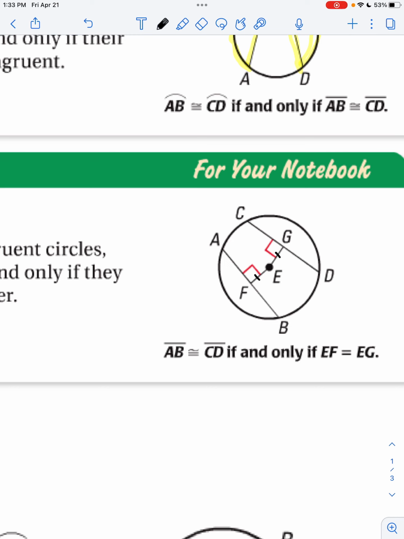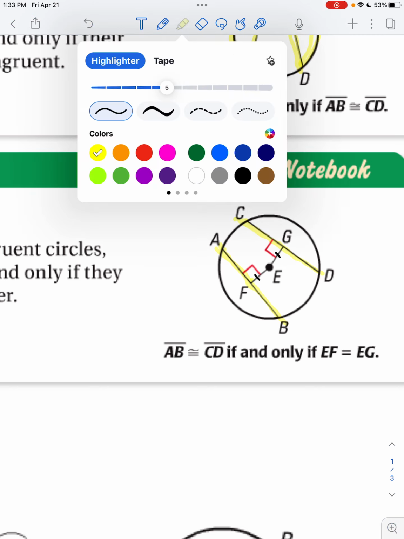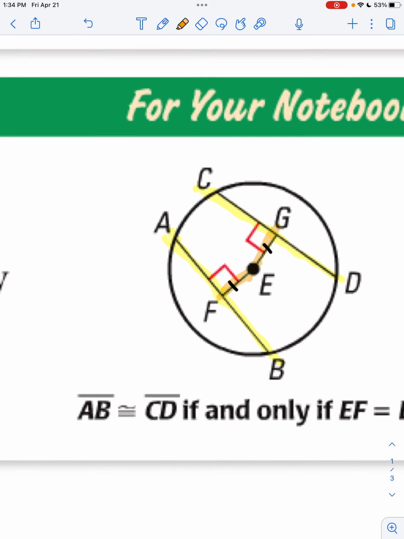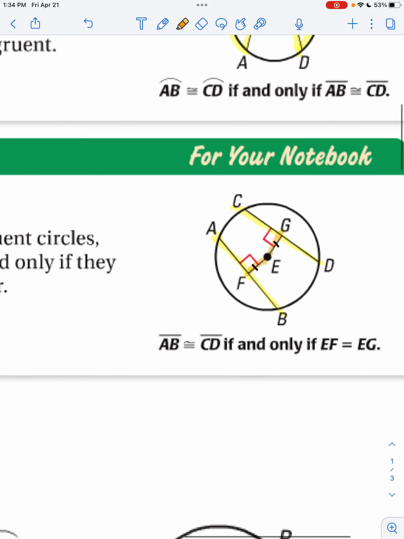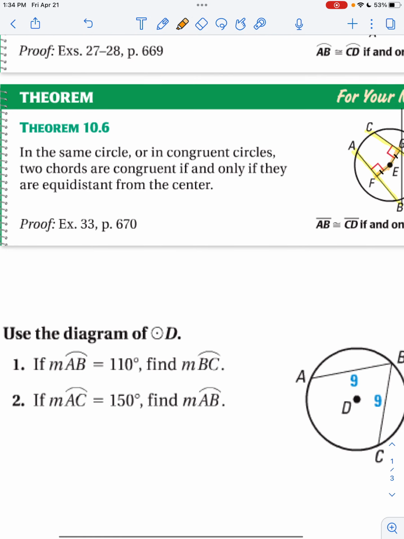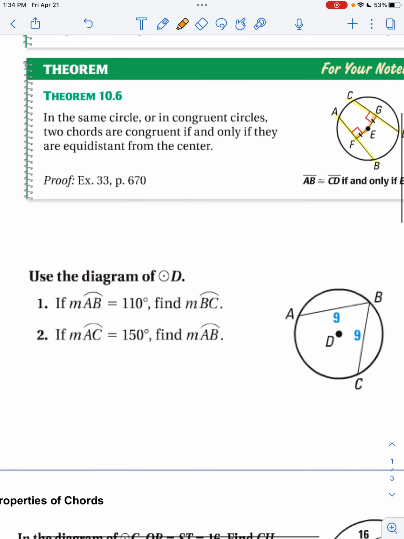Therefore AB is congruent to CD, because these are the same chords, as long as EF is equal to EG. So if they give me numbers, or tell me there's this right angle, I can assume that AB is congruent to CD. So let's put that into practice.